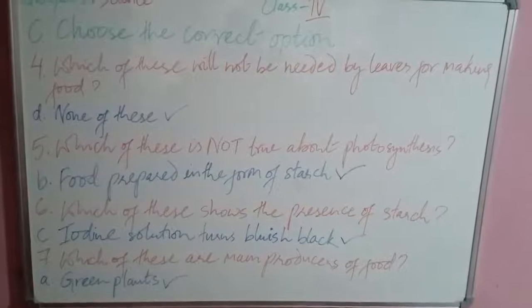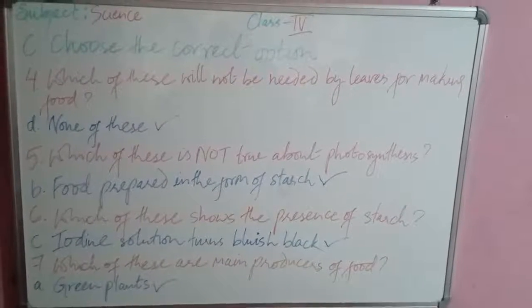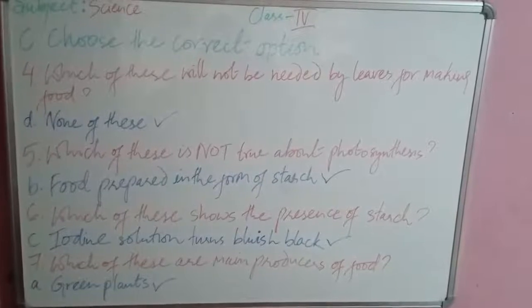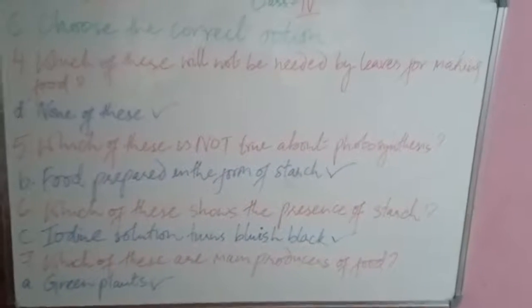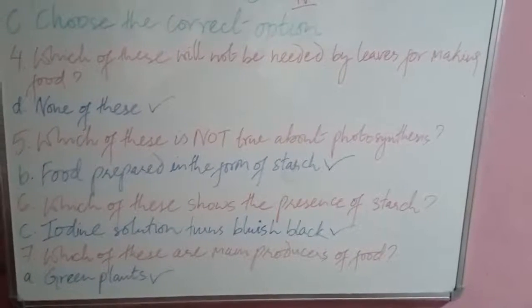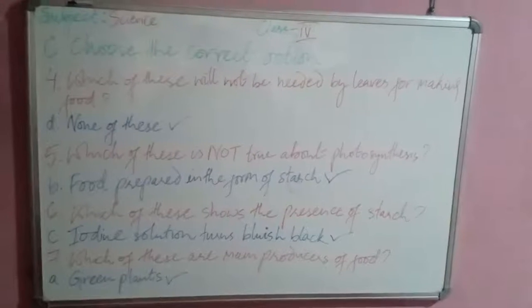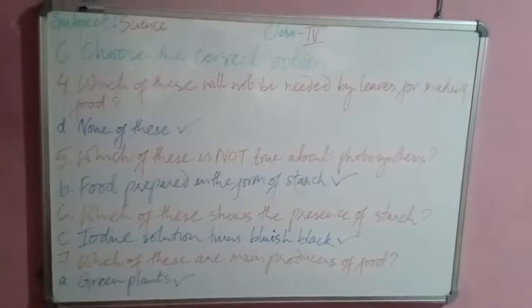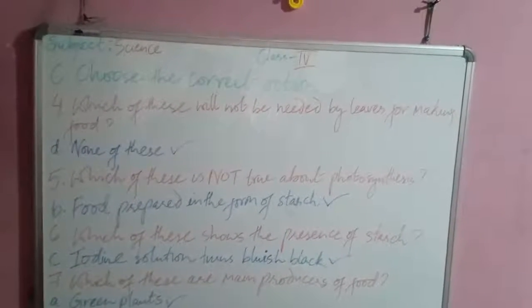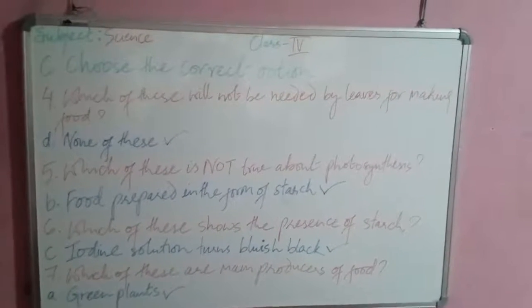So after that we have question number 4, which of these will not be needed by leaves for making food? And none of this, option D is the correct option. Then we have question number 5, which of these is not true about photosynthesis?